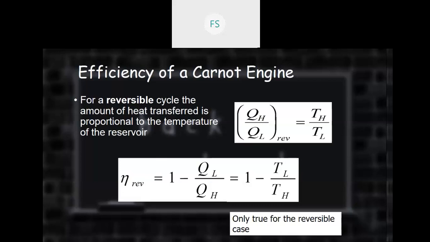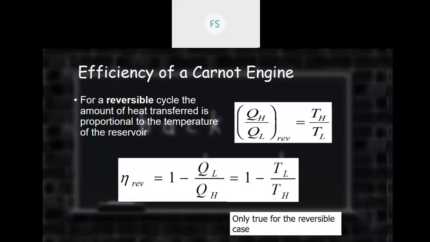This is only applicable for the reversible cycle or Carnot cycle. So now the thermal efficiency of heat engines that use the Carnot cycle can be written as 1 minus TL over TH instead of 1 minus QL over QH.